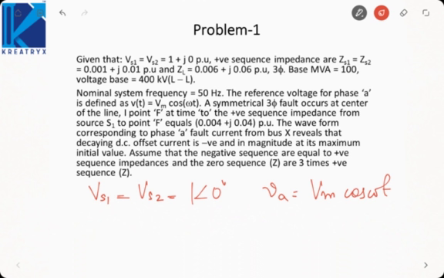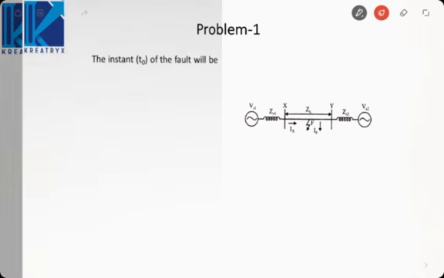The positive sequence impedance from S1 to F equals this. Since the fault is occurring at the midpoint, the impedance of the line will be taken as ZL by 2, that is 0.003 plus J0.03 pu. And let me show you the diagram.